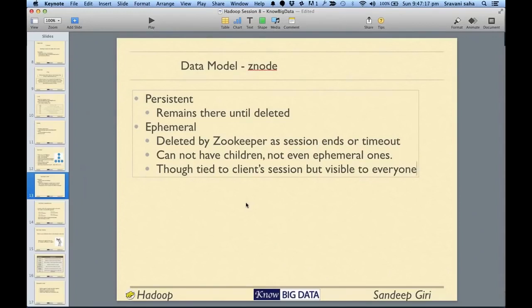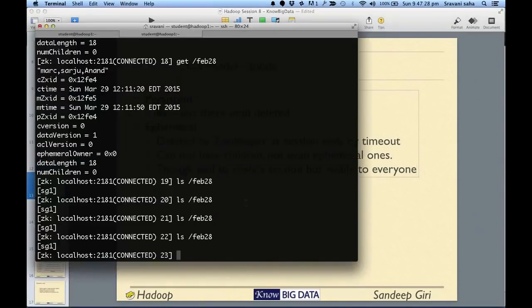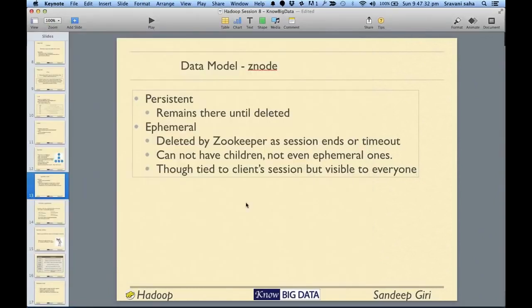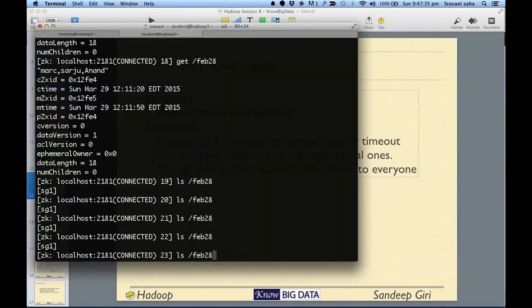An ephemeral node cannot have children, not even ephemeral children. An ephemeral node is visible to all the users who are connected and have the permission to see it.